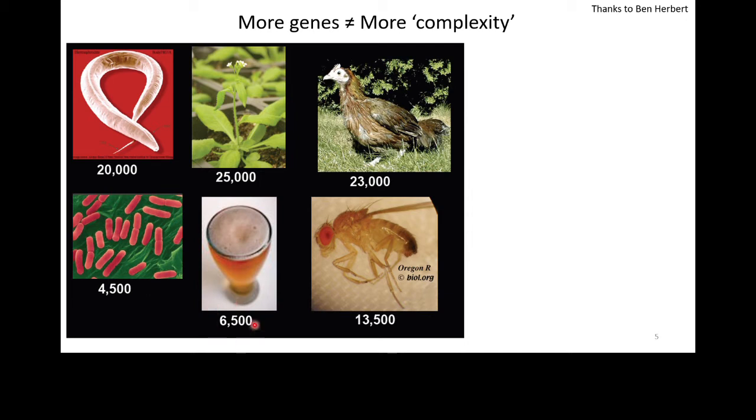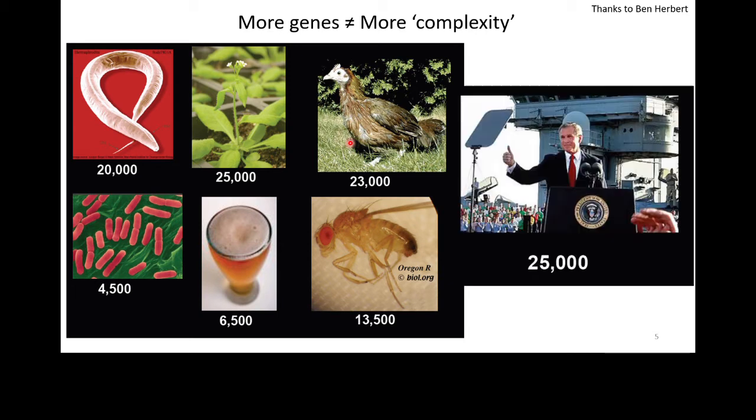Yeast, the smallest eukaryote, has about 6,500 genes. But then you get up to animals, where you're up to about 23,000 in a chicken, but a plant has more genes than a chicken does. So would you argue which one of these was more complex than the other?